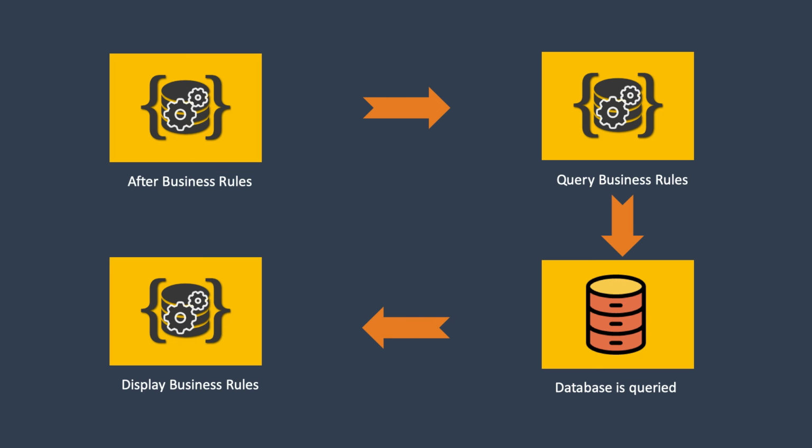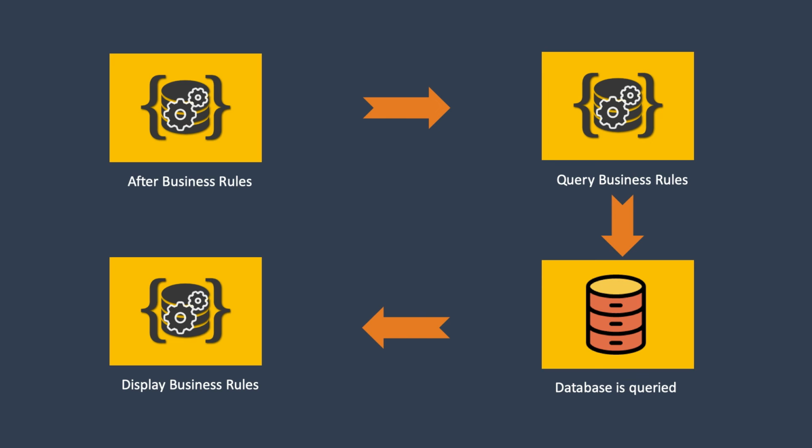So after running display business rules, it is also preparing the data, because I tried to update something. I have updated it, it ran the after business rules, and now maybe I have to pull some other data as well. In that case, it will run the query business rule, query the database, and then again run the display business rules.